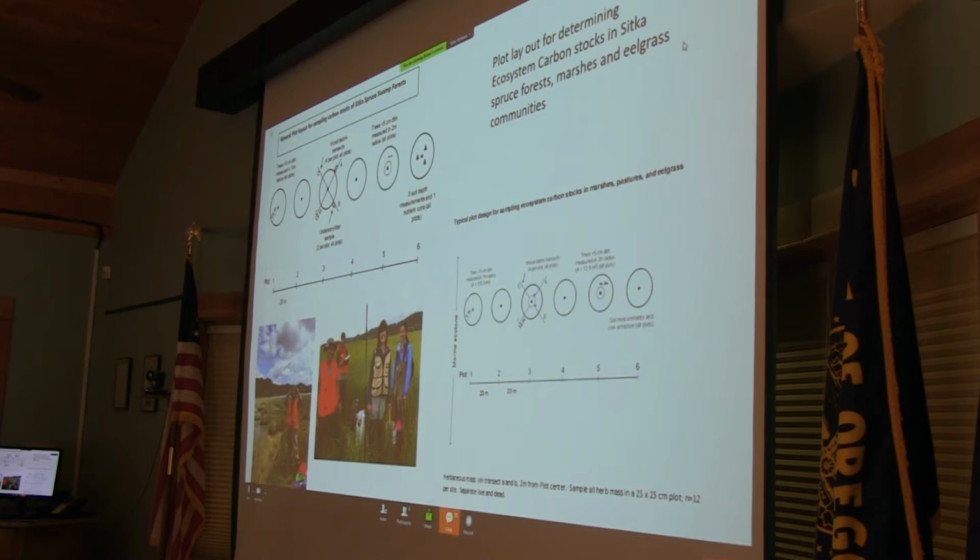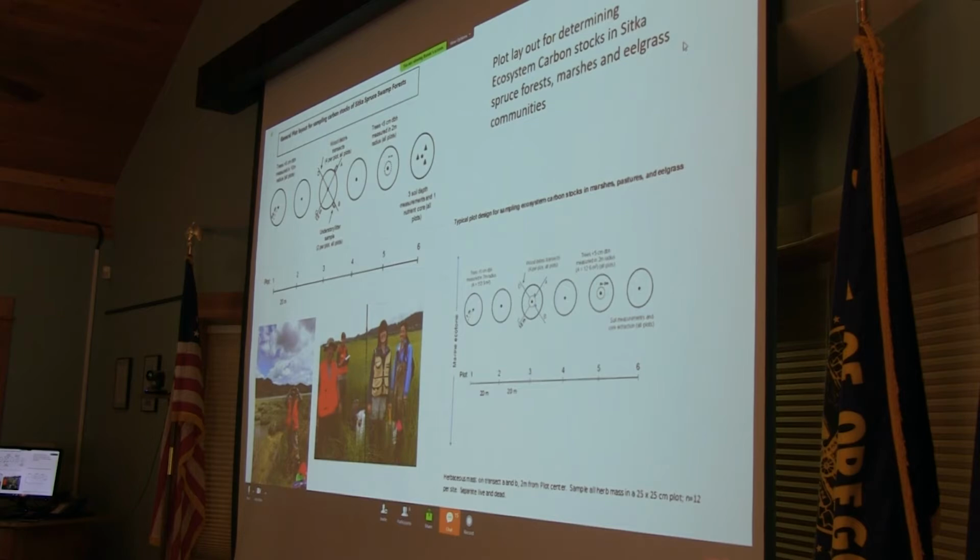Moss is sampled in 50 centimeter plots, 2 at each of these sites, and then we extracted soil cores down to the bottom of the soil horizon, or 3 meters, at each of the 6 sites. So again, the mean that we report for soils is the mean of 6 cores per site in these areas. This is a pretty intensive carbon stock measurement relative to many other studies that you see in the literature.